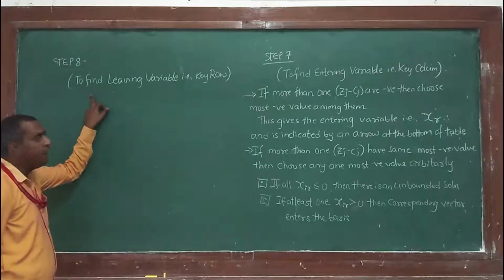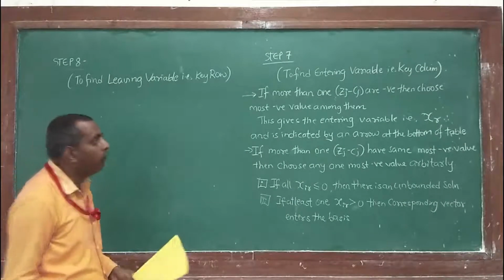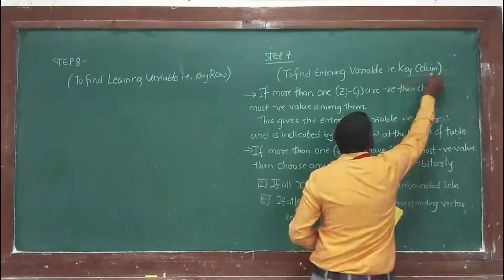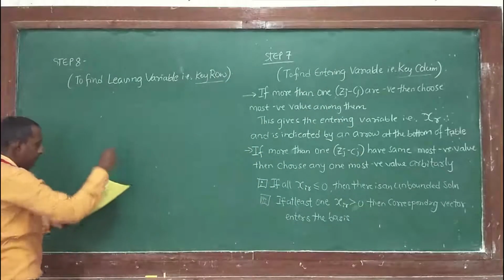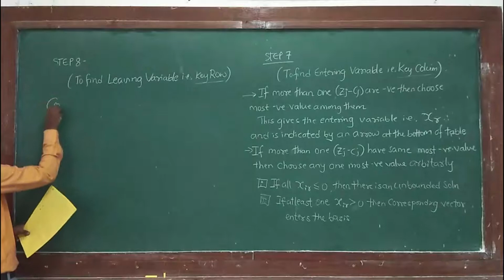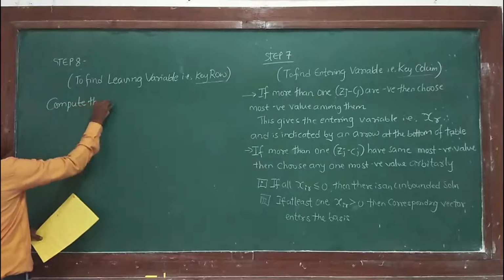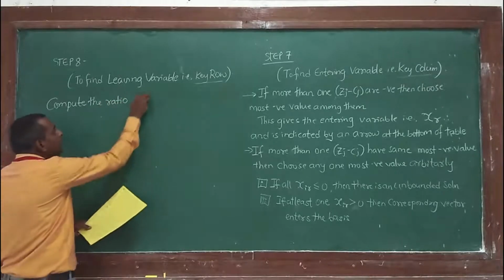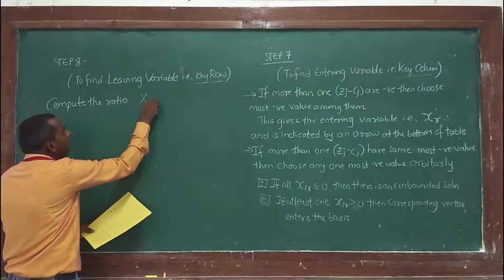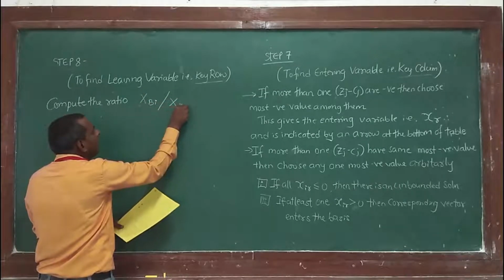In step number 8, we will find the leaving variable, that is key row. Here we were finding the key column, now we are finding the key row. Fine. So compute the ratio xBi divided by xkr.